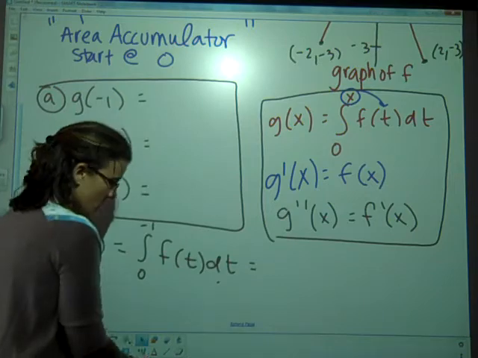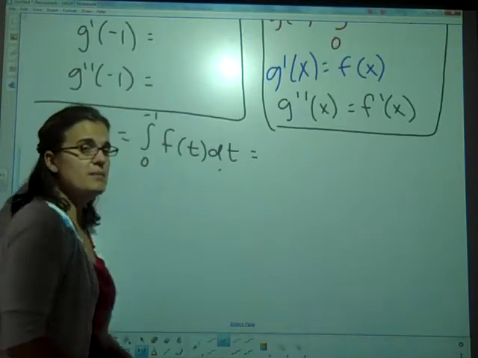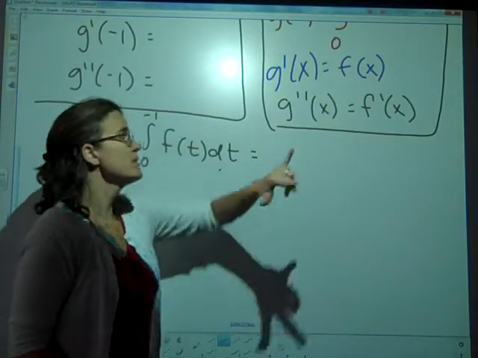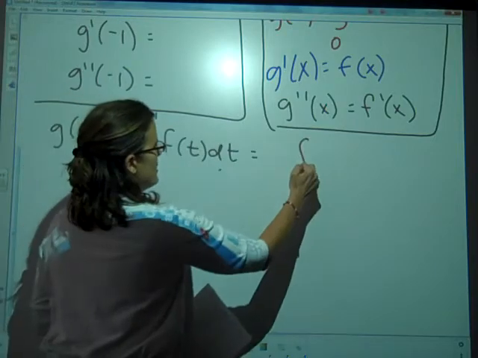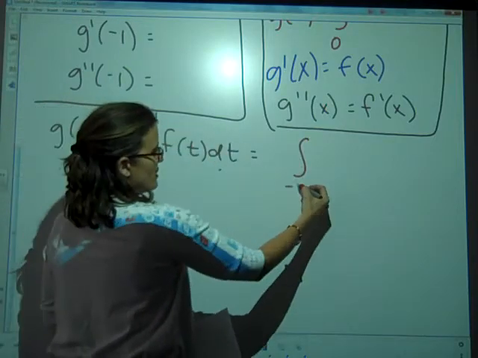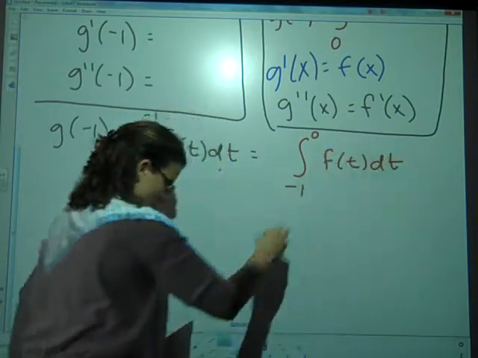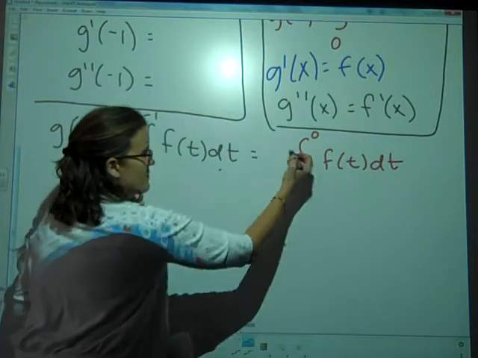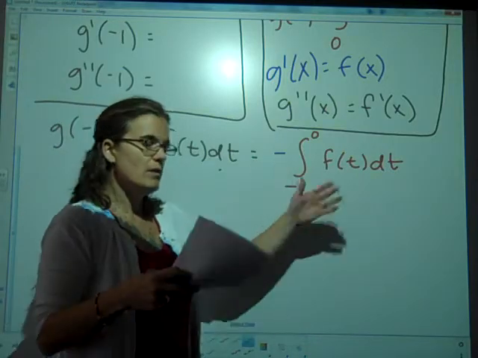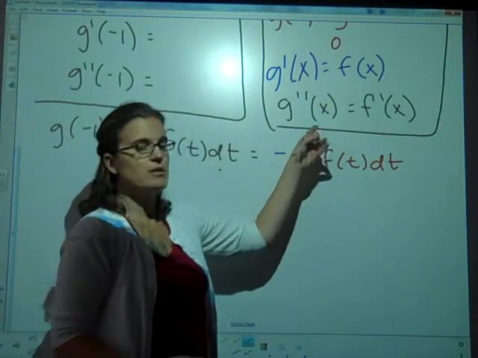So this is good review that if you have limits that are not in the order from smallest to biggest, you can reverse those limits. So I can say this is equivalent to the integral from -1 to 0 along f of t, as long as I remember that I will get the exact opposite value. So it'll be the opposite of what it would have been if I was going from -1 to 0.